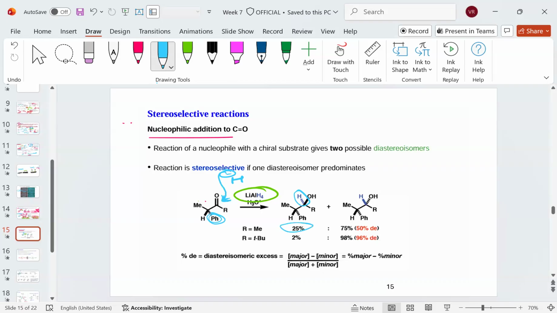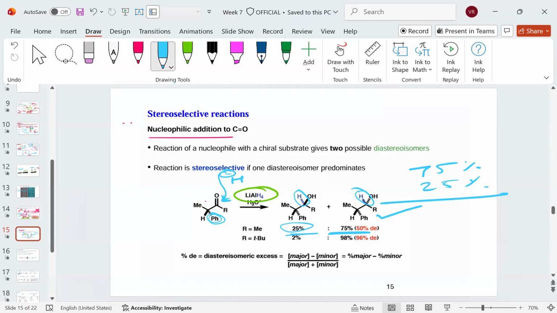Therefore, we are getting only 25% formation of this product, in which the hydride attacks from the bottom side, but hydride attack on the top side is favored. We are getting 75% formation of this product in which the hydride comes from the top side. Now, if you try to look at the diastereomeric ratio calculation, we have one product at 75%, one at 25%.